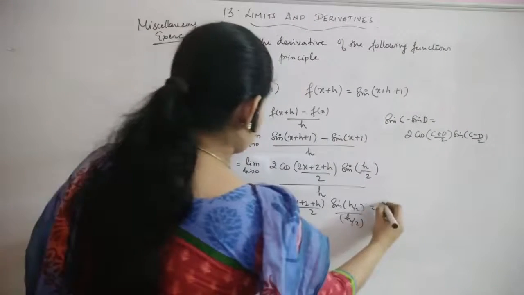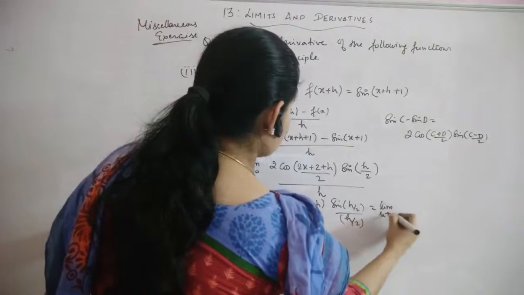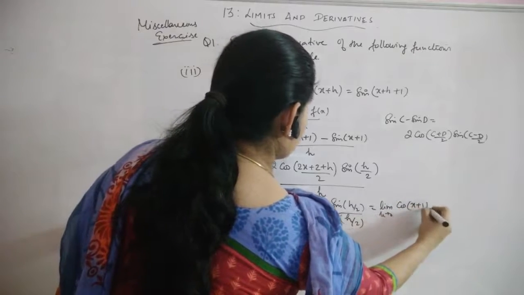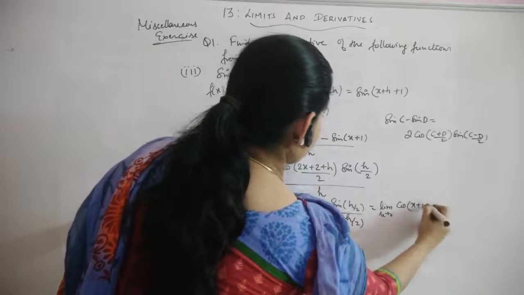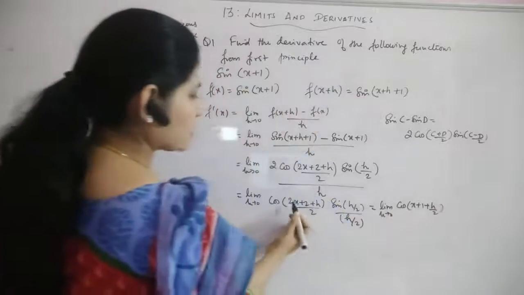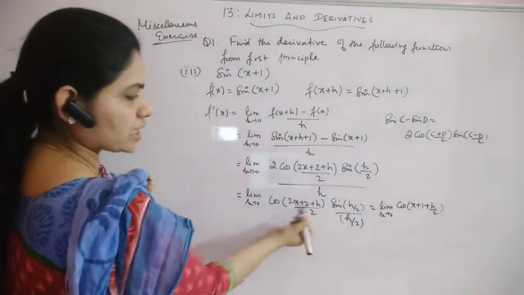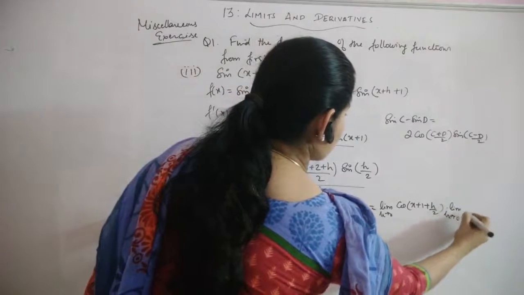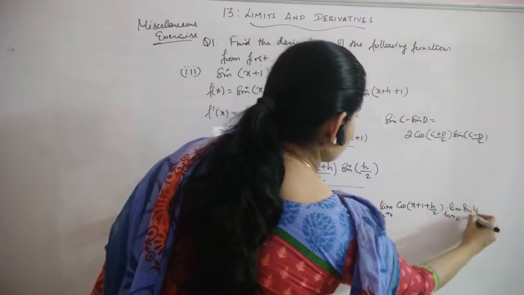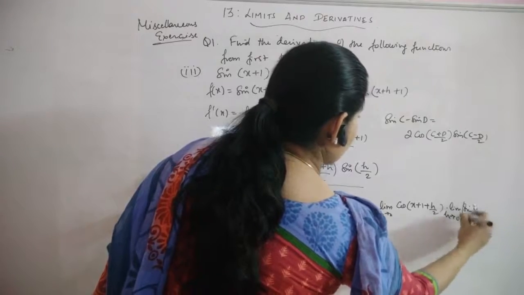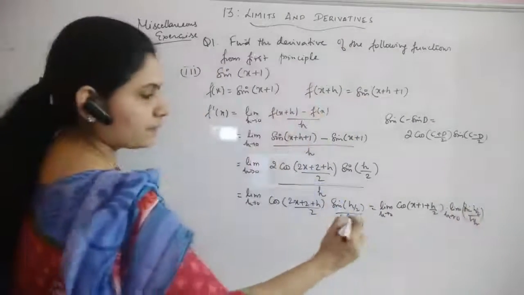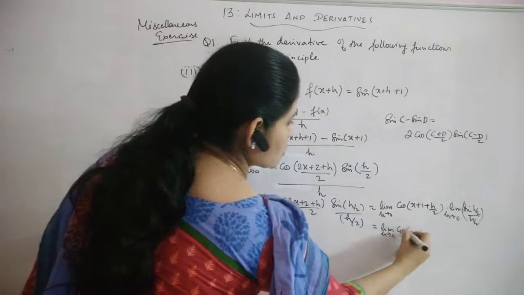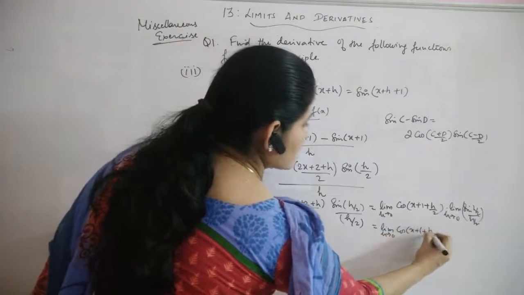So what you will get here is limit h tends to 0 cos of x plus 1 plus h by 2, into limit h tends to 0 sine of h by 2 by h by 2, and this is giving you 1, so you are left with limit h tends to 0 cos of x plus 1 plus h by 2.